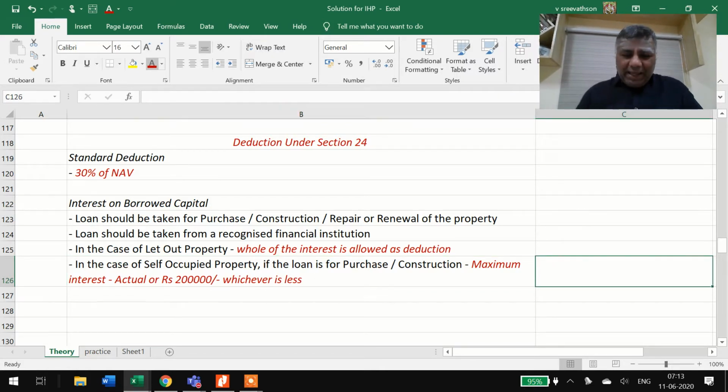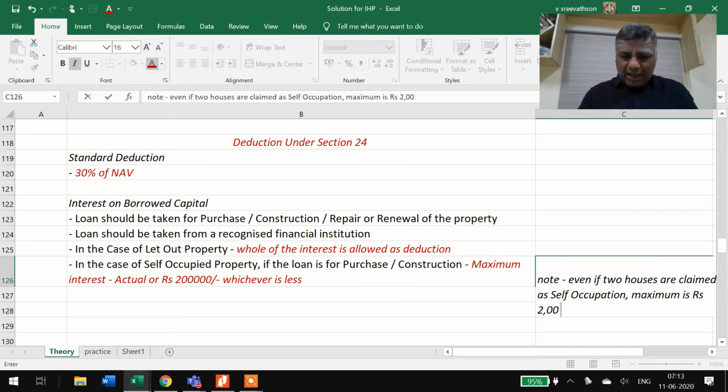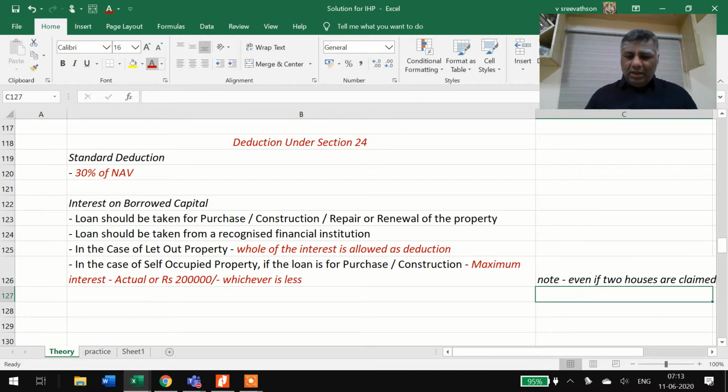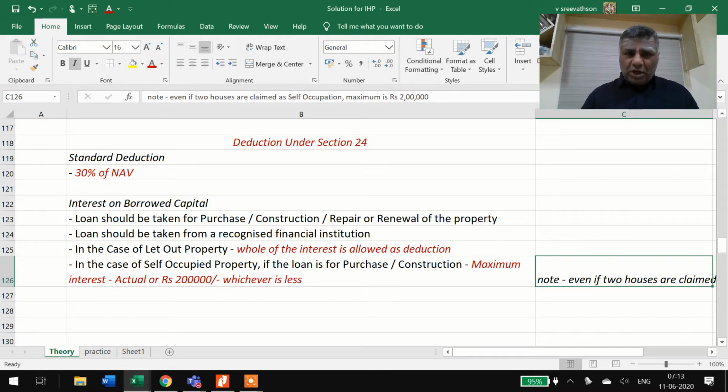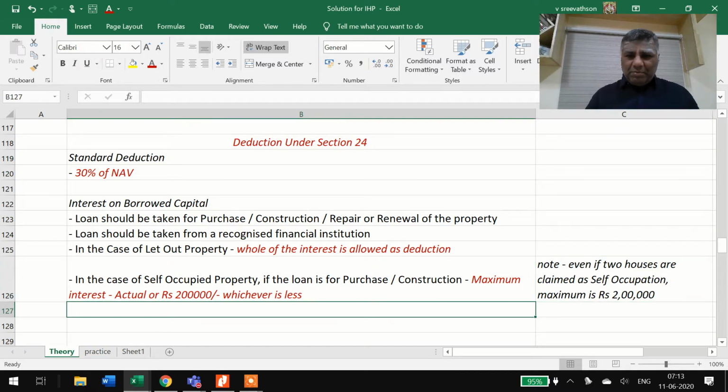So please note, even if two houses are claimed as self-occupation, the maximum is rupees 2 lakhs. My dear friends, maximum you can claim is only rupees 2 lakhs.